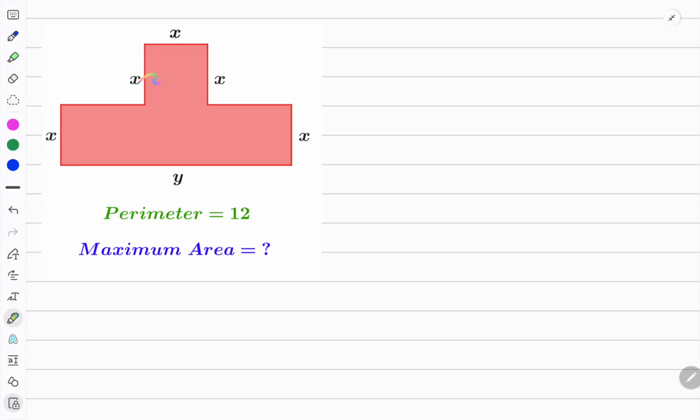So we have 1, 2, 3, 4, and 5 x's. So the perimeter is 5x plus, and we have for this side y plus, and how about these two sides?